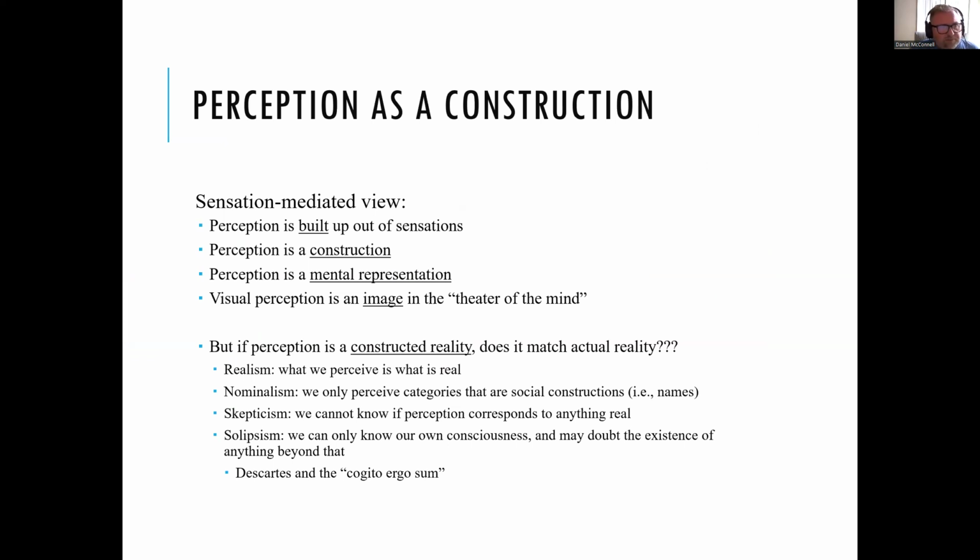So as noted, perception is a mental representation, aka a constructed reality. That is, it is constructed out of the building blocks, which are the sensations themselves, right? So the sensations serve as the mediator in the same way that our translator who translates from one language to another, in that analogy I gave you, is translating.